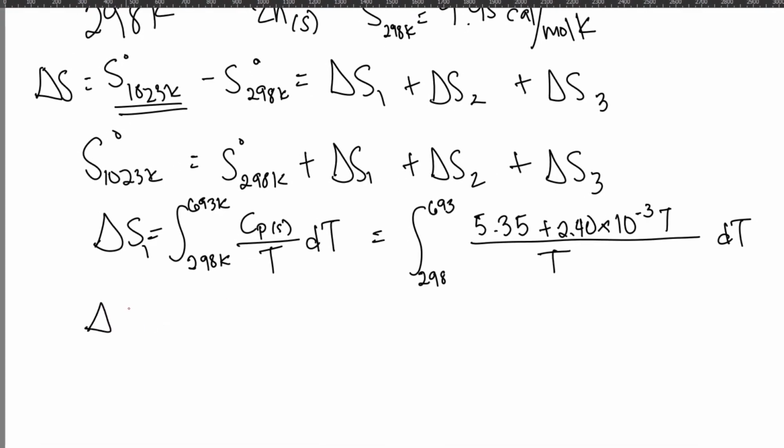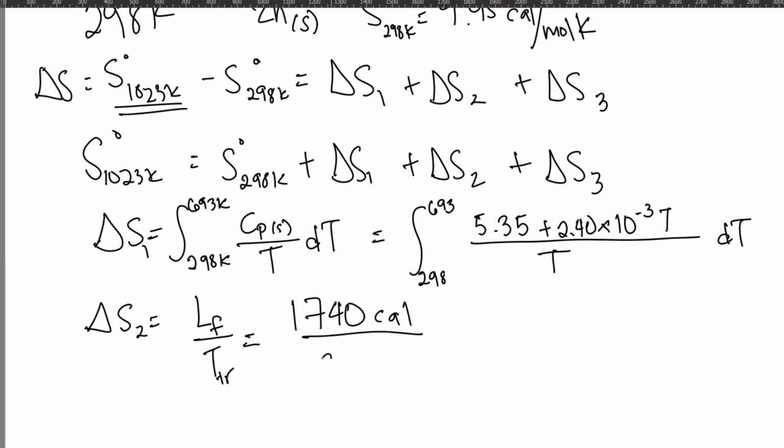For delta S2, this is an isothermal phase change. Our equation here will be the latent heat of fusion over the temperature, equal to 1,740 calories over the temperature of transformation, which is 693 Kelvin.